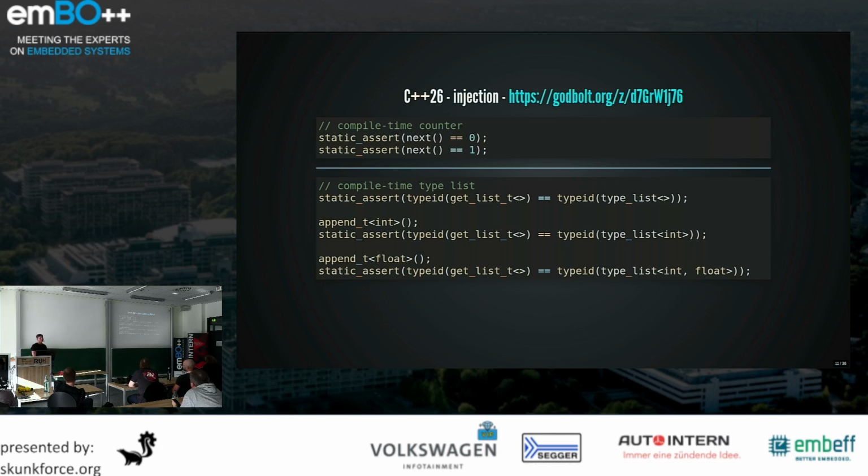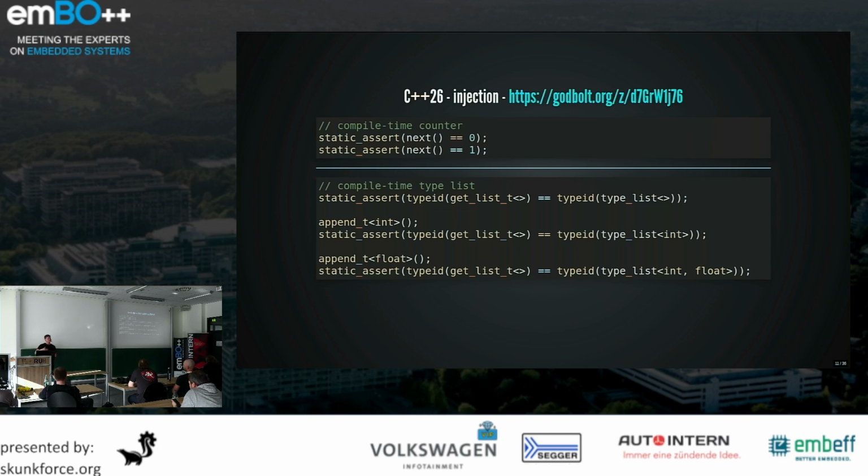So what you can do as well, if you are familiar with metaprogramming, you can do kind of stateful code injection into your program. Imagine a global type list, which, like, functional metaprogramming is functional by default.